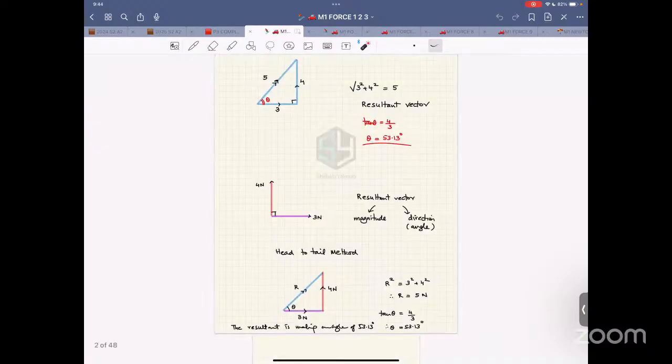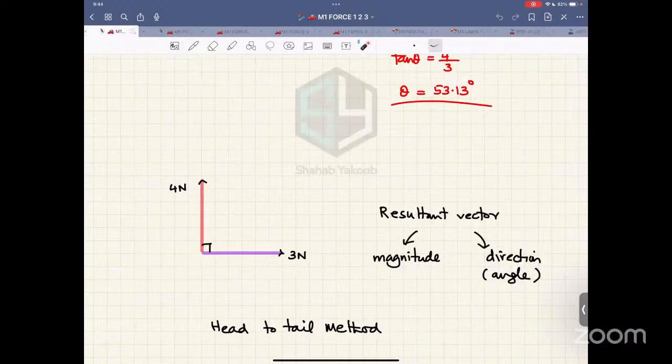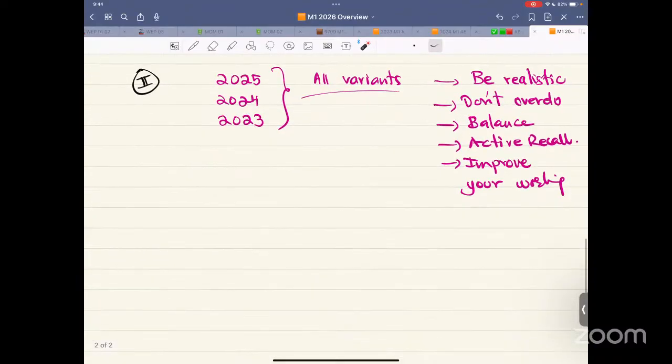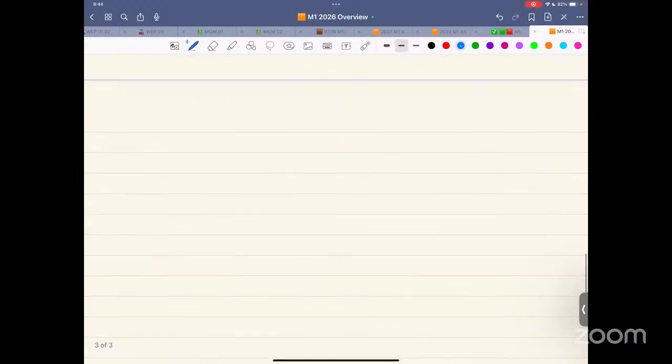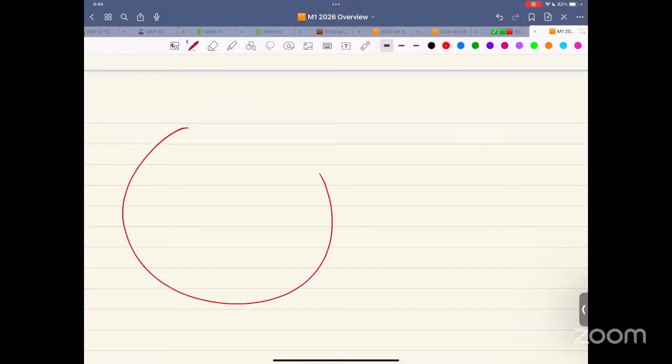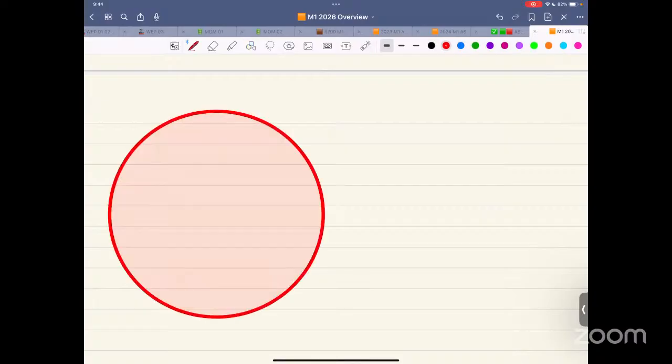Now this was all about kinematics. Let me take you over here. In kinematics, what is the rule that we are following? Let me draw this thing. There are two kinds of kinematics.